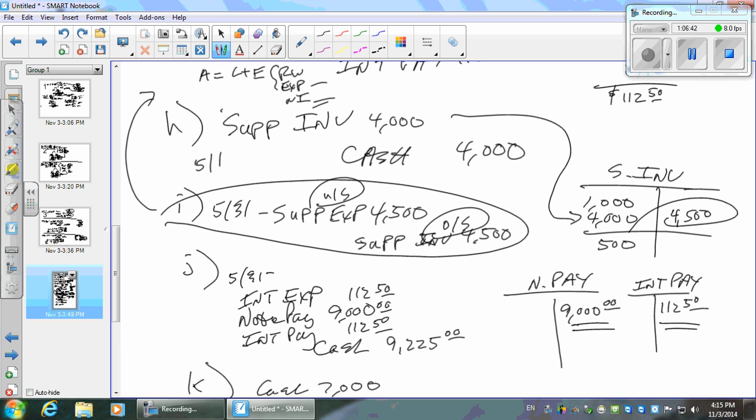Who cares? Okay, supplies expense goes up with the entry, right? 4,500. Supplies inventory goes down with the entry, 4,500. That's going to revenue, no effect. That's going to make net income do what? Down, which makes equity go down. And liabilities are going to be what, guys?